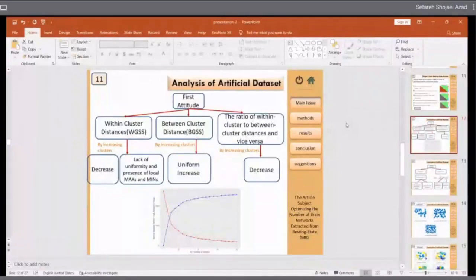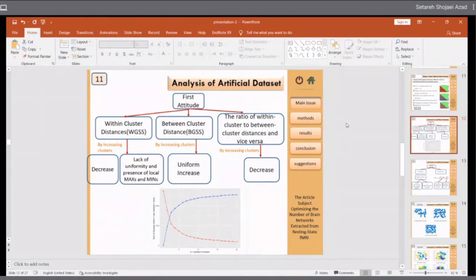The first attitude, as you can see in this slide, says that a number of available indices use intra-cluster distance, I mean WGSS, and inter-cluster distances, I mean BGSS, to calculate the correct number of clusters. Some of them also use the ratio of the two.